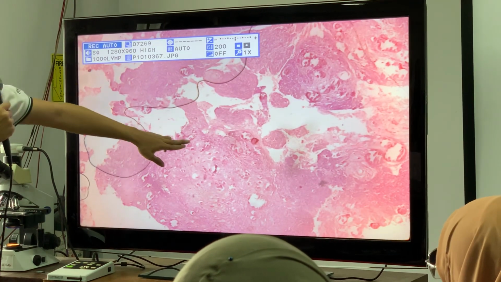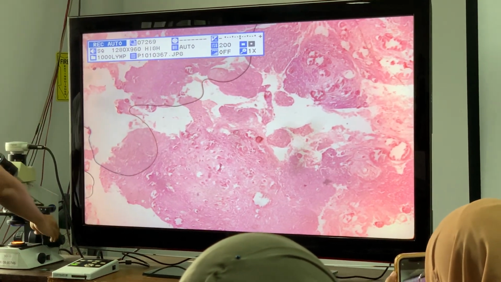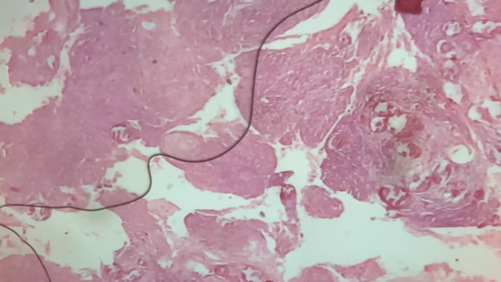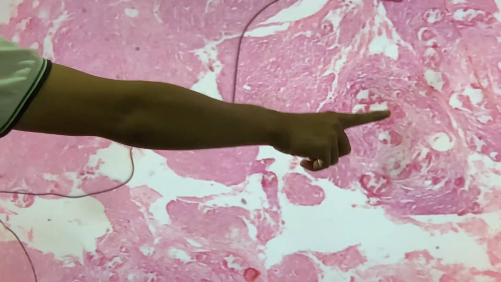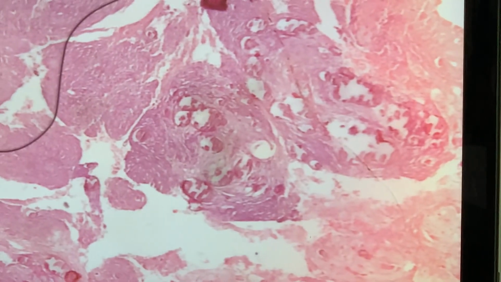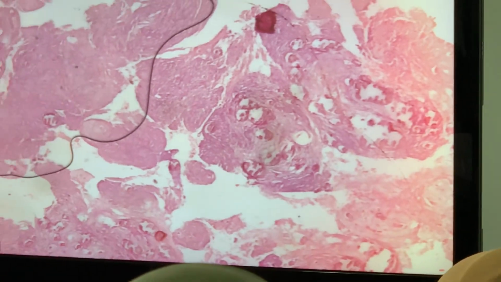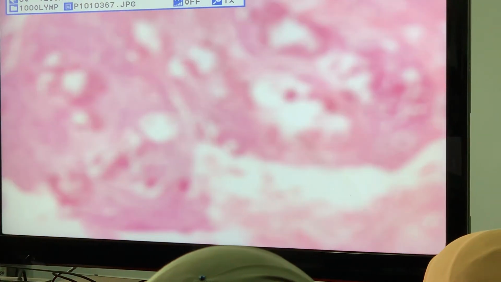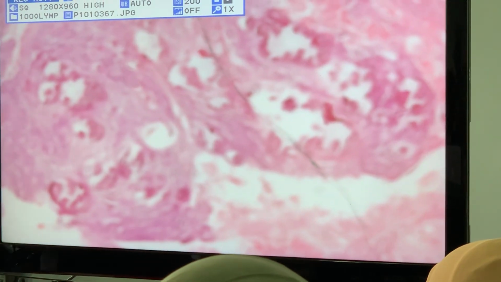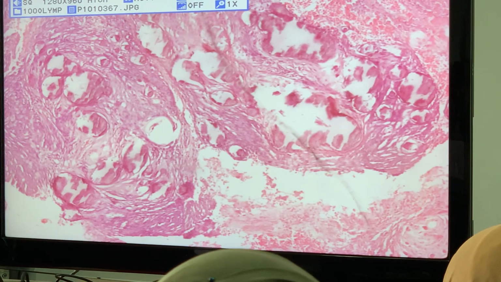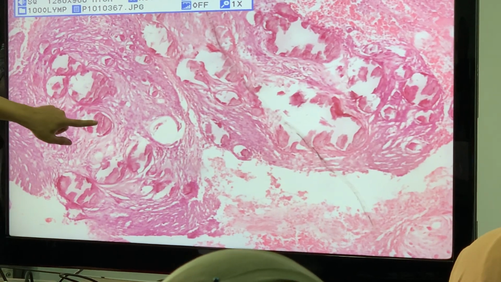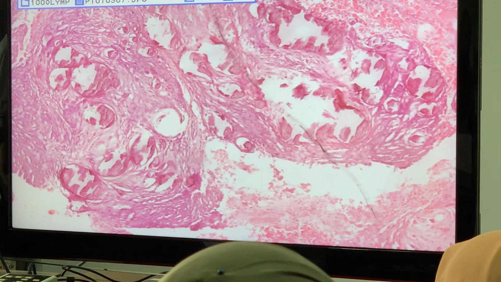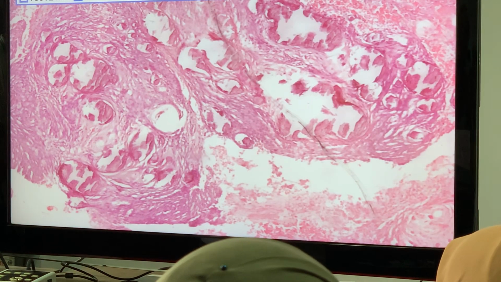What are these? Those crystal-like things. What's that? Dystrophic calcification.